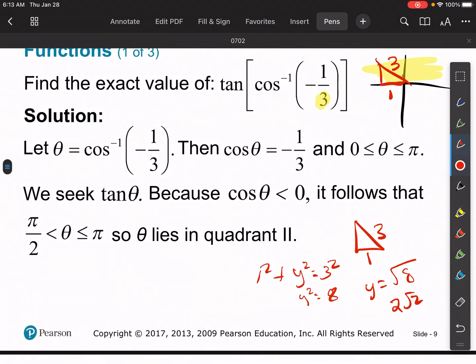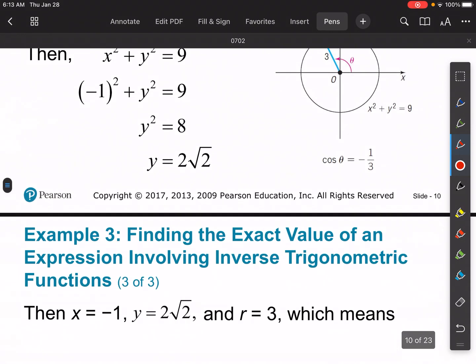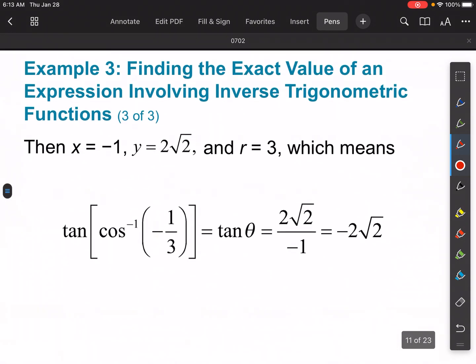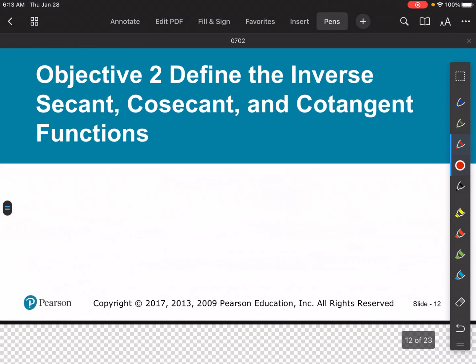So tangent is equal to y over x. The y value here, again, is 2 root 2. The x value is -1. So this just becomes -2 root 2. Which is what they get right there for example 3.